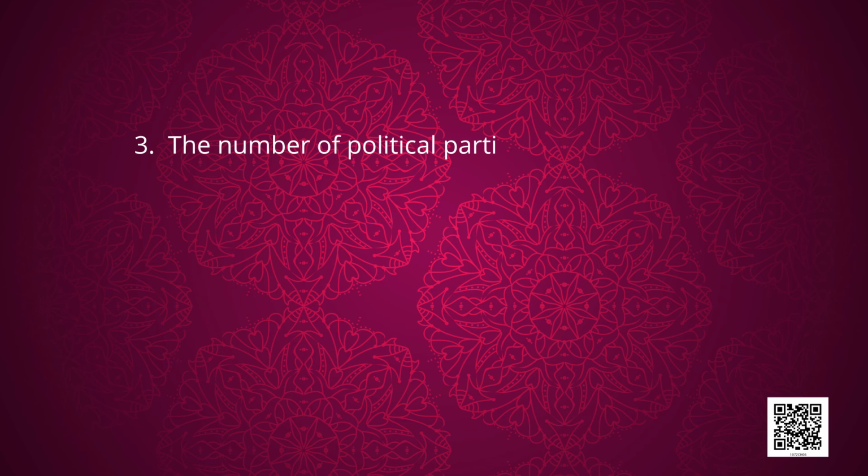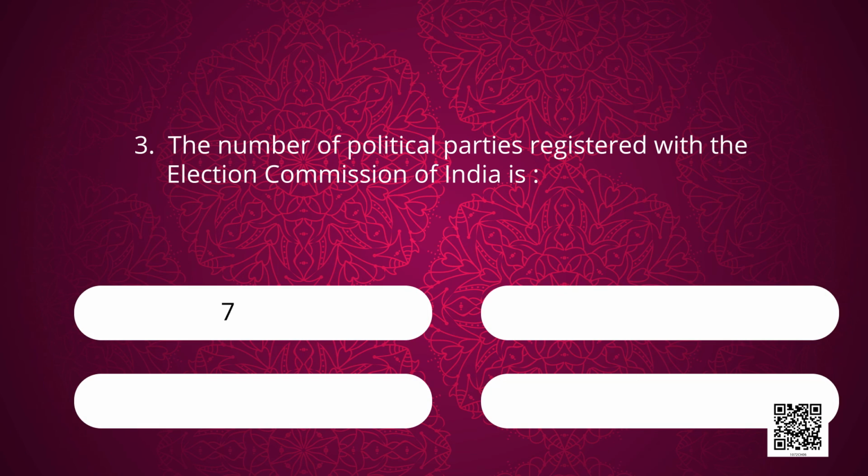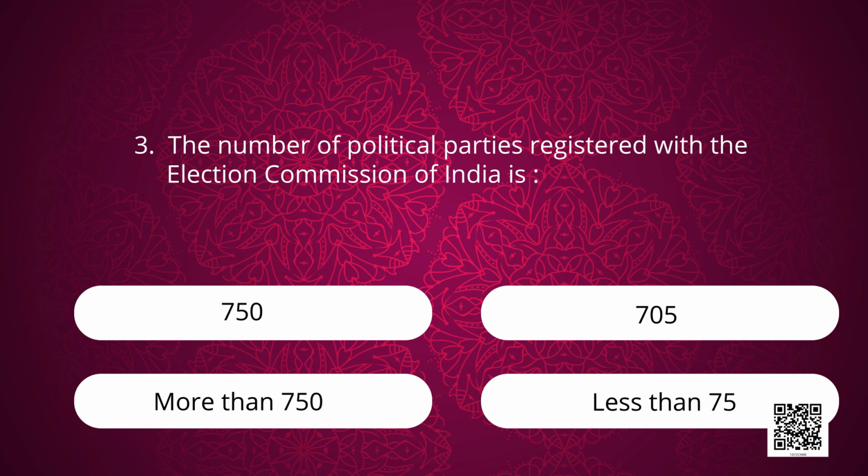The number of political parties registered with the Election Commission of India is 750, 705, more than 750, or less than 750. And the correct option is more than 750. Very good.